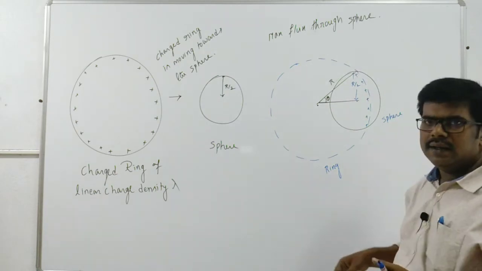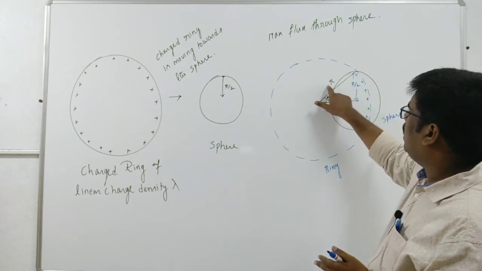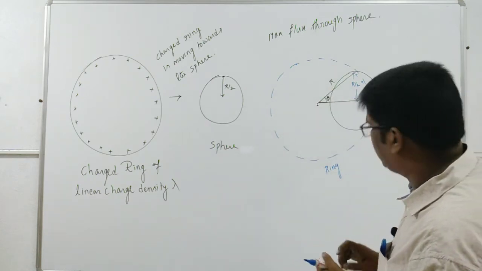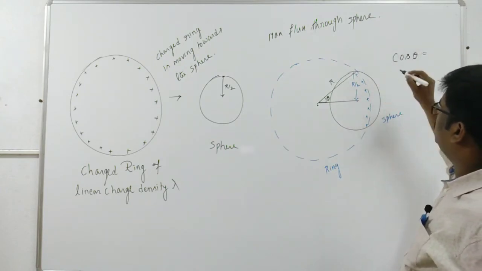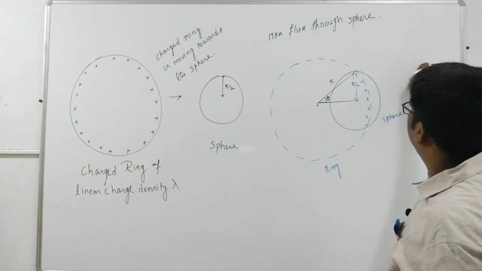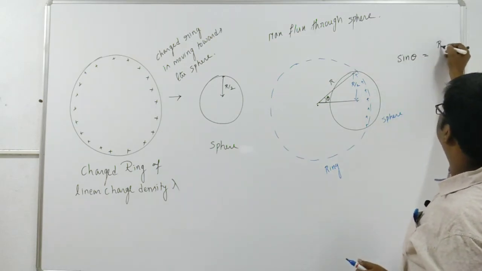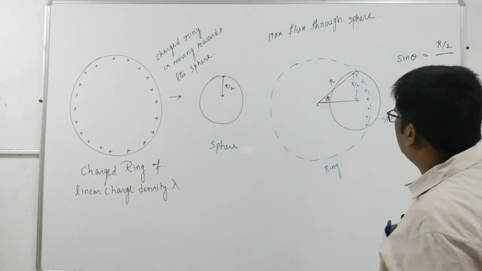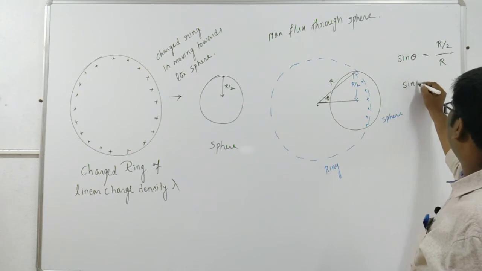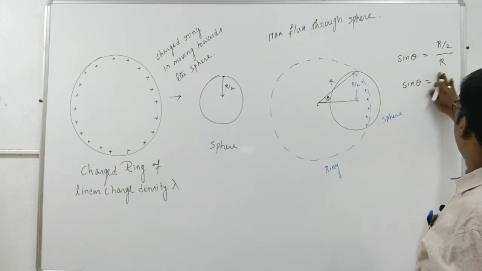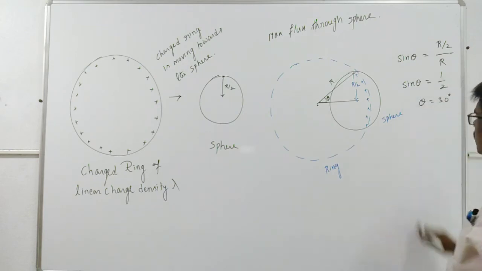Then you may find this angle: opposite side r by 2 and hypotenuse is r. So sin theta is opposite side r by 2 by hypotenuse r, then sin theta equals 1 by 2, so theta equals 30 degrees.